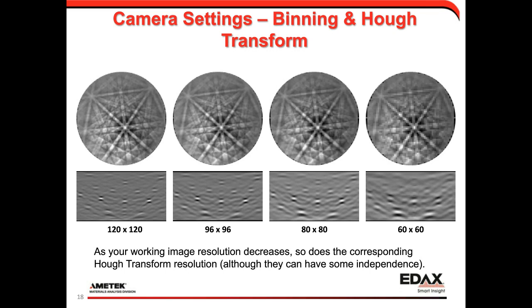And also remember that 120 by 120 versus 60 by 60 is a very large difference in the amount of overall pixels. Because when you're binning together pixels, if you bin together 2 by 2, that's 4 pixels. If I bin together 4 by 4, that's a total of 16 pixels being put together. And that's a big, big difference. Something to keep in mind.